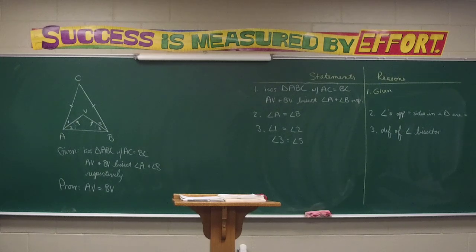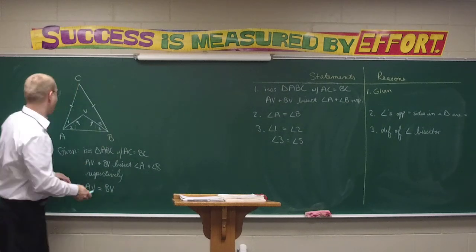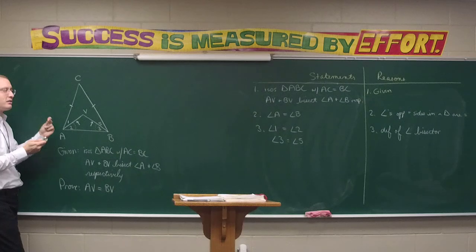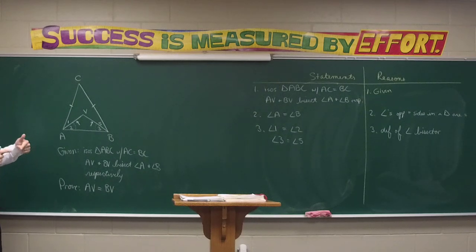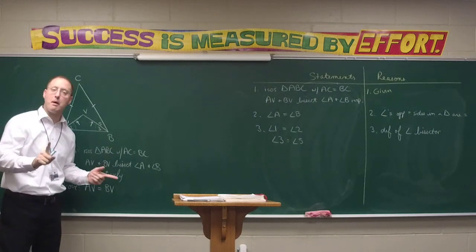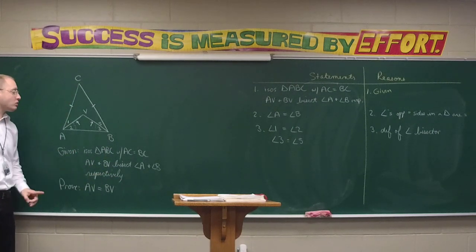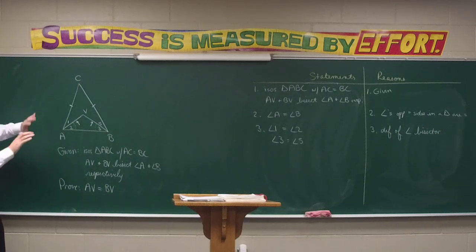But I don't know that 2 and 3 are equal. I know that 2 and 1 are equal. And I know that 3 and 5 are equal. Because after all, that's what a bisector does. It divides into 2 equal angles, right? Or we might say it divides into 2 equal halves. And remember my suggestion. If you've got one thing bisected, it's fine to say these two things are equal.